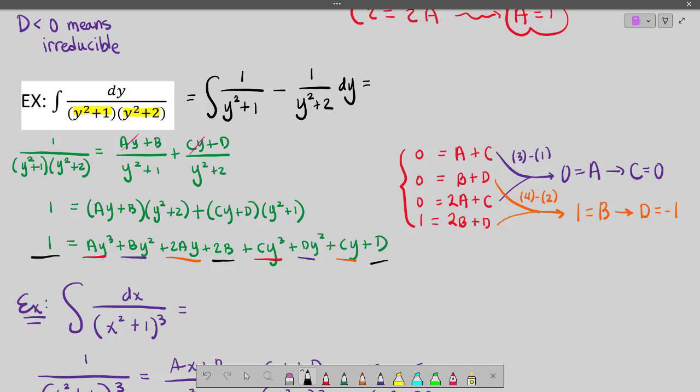First one's arctan of y. Second one, if I want to put it in arctangent form, we want to have a trailing 1 there. So I'm going to factor out a 2 in the denominator.